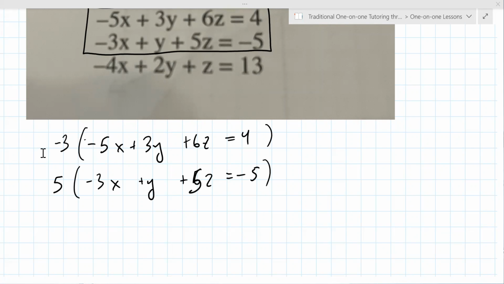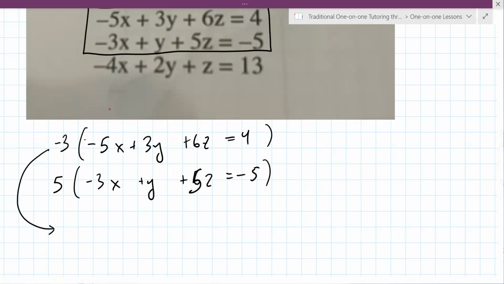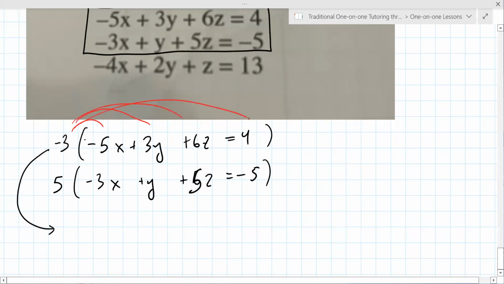Wouldn't you do +3? Because you're trying to do opposite. Well, they're currently the same sign. So if we don't make one of them negative, it's going to end up being the same sign. So one of them's got to flip. So that first equation, -3 times each of those. Okay.